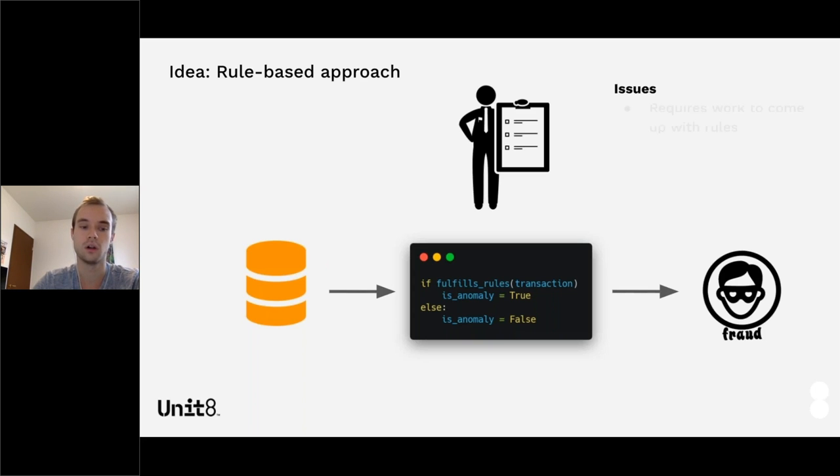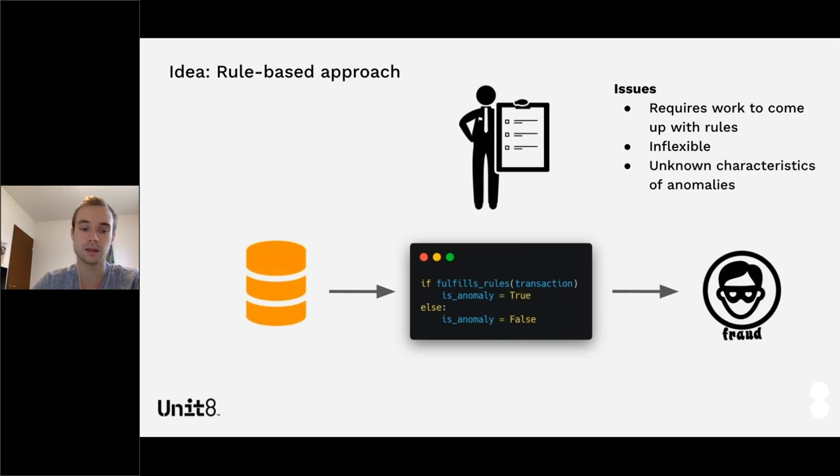So first of all, coming up with a good set of rules requires a lot of work and expertise. Every rule needs to be validated and tuned specifically for the data set at hand. This also means that if anything about the data format changes, or if a different data set is used with a different distribution, the complete set of rules has to be reworked to reflect the new situation.